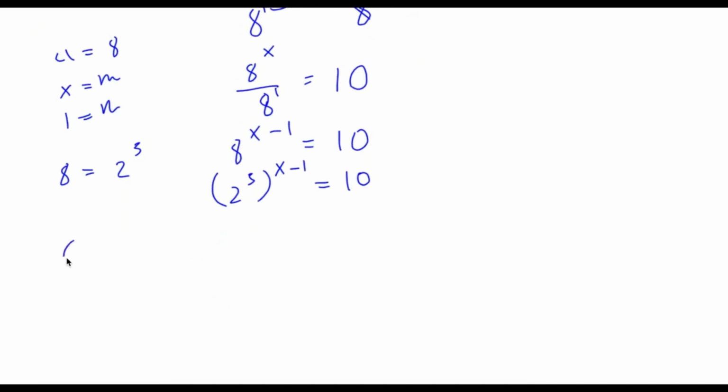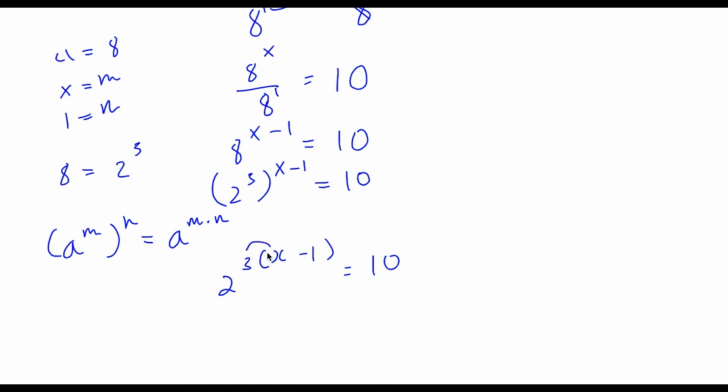Now, if I have something in the form a to the power of m to the power of n, this is the same thing as a to the power of m times n. So 2 to the power of 3 to the power of x minus 1 is the same thing as 2 to the power of 3 times x minus 1 is equal to 10.